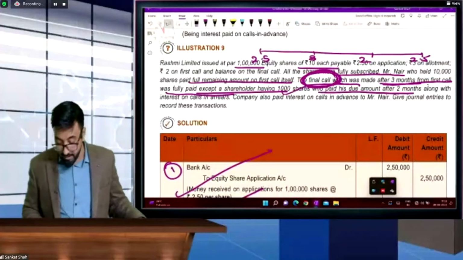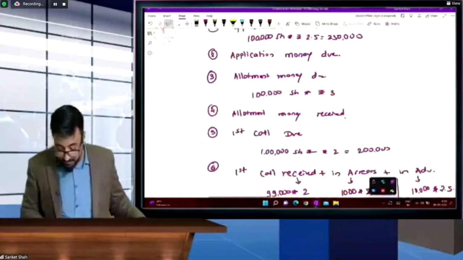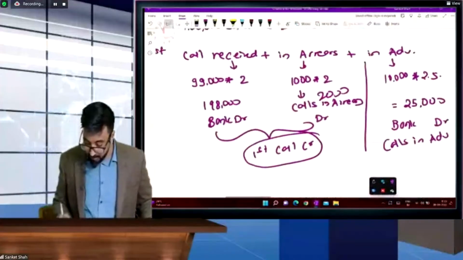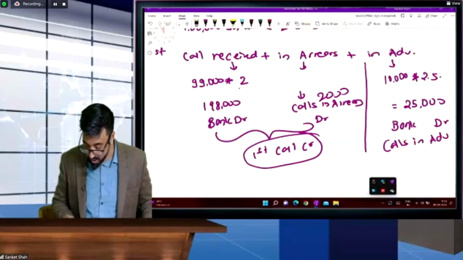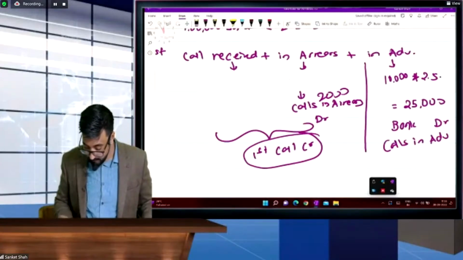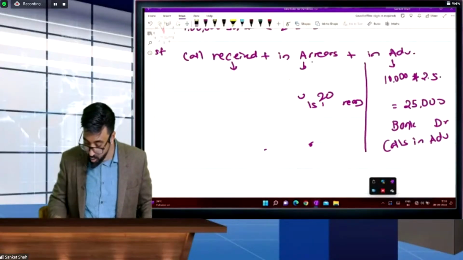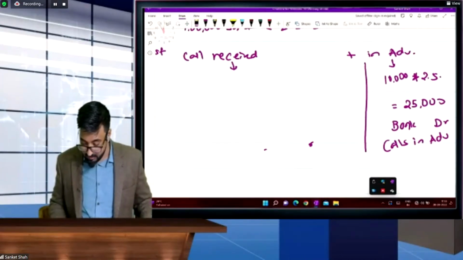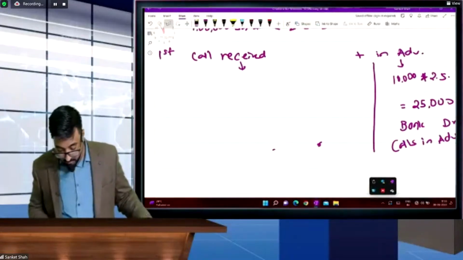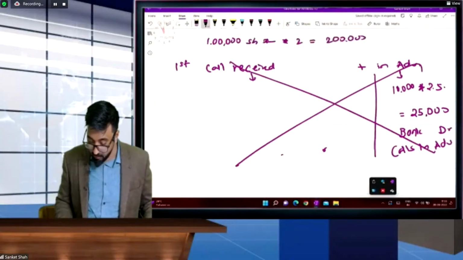Okay. Only final call has not been paid. Then your life is easy, beta. So this diagram I'm going to change. There is no arrears. Call received. So change it. Write it again.